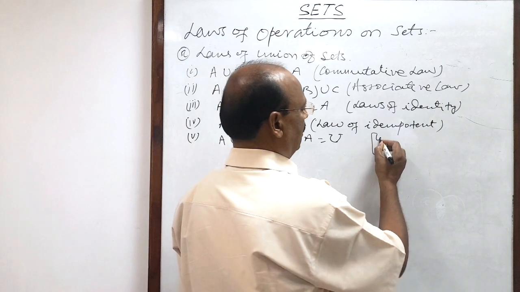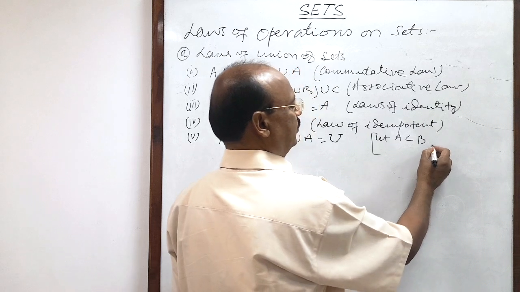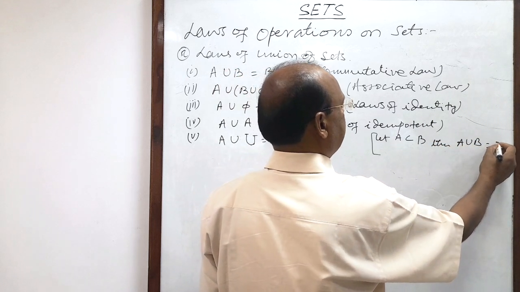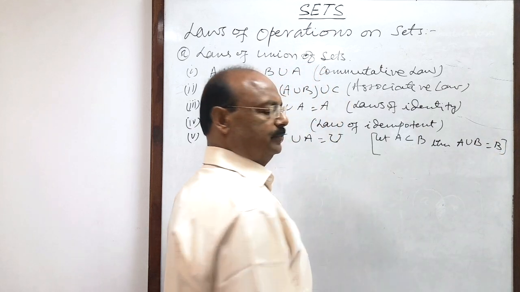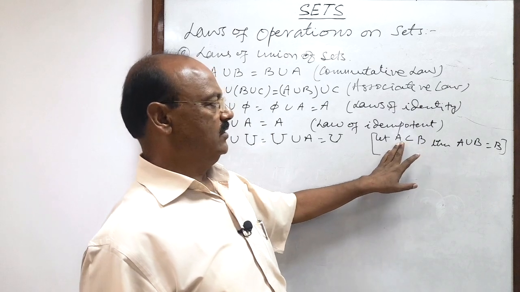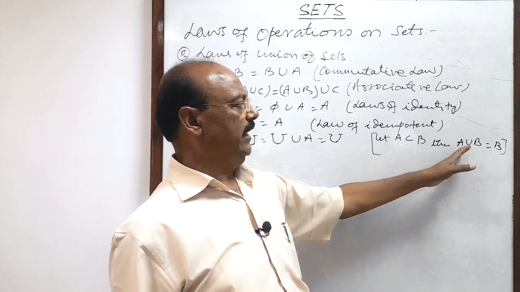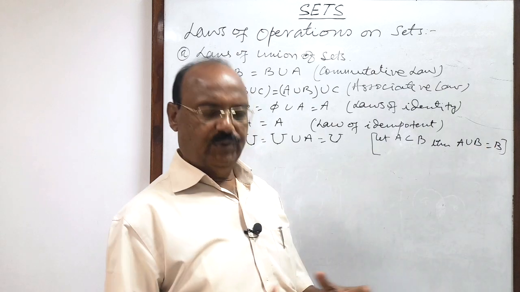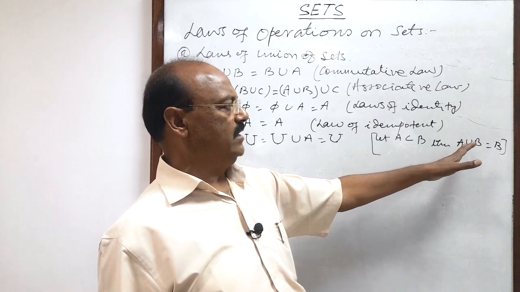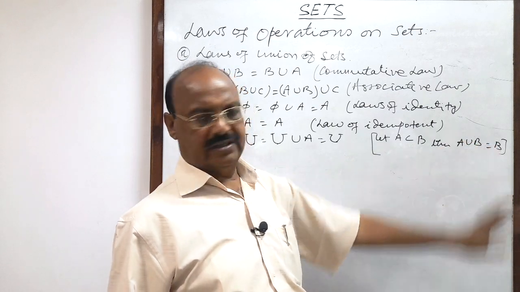We can understand it more clearly. Suppose any set A is a subset of another set B, then A union B will be how much? This will be B, because B is the larger set and all the elements of A have been taken from set B. So A union B, union meaning collection of elements, the collection of elements from A as well as B will be set B itself.